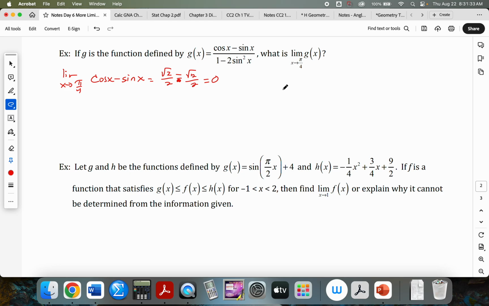Let's see what happens in the denominator. It would be nice if it turned out to be not 0. The limit as x approaches pi over 4 of, I really should put parentheses around those, 1 minus 2 sine squared x is going to be 1 minus 2 times the square root of 2 over 2 squared.